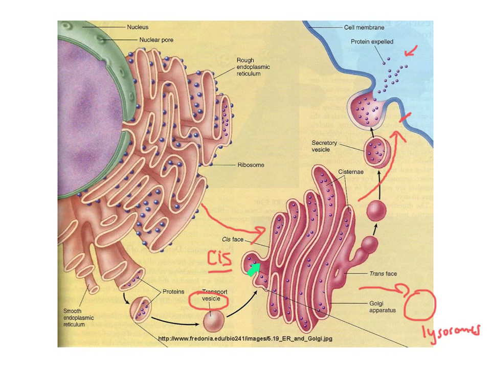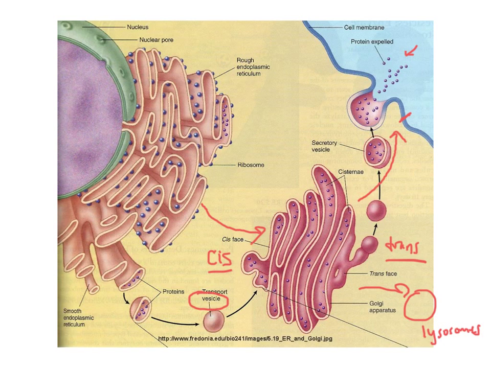Proteins pass through the Golgi apparatus to the trans face of the Golgi apparatus, which is the side that faces the plasma membrane.